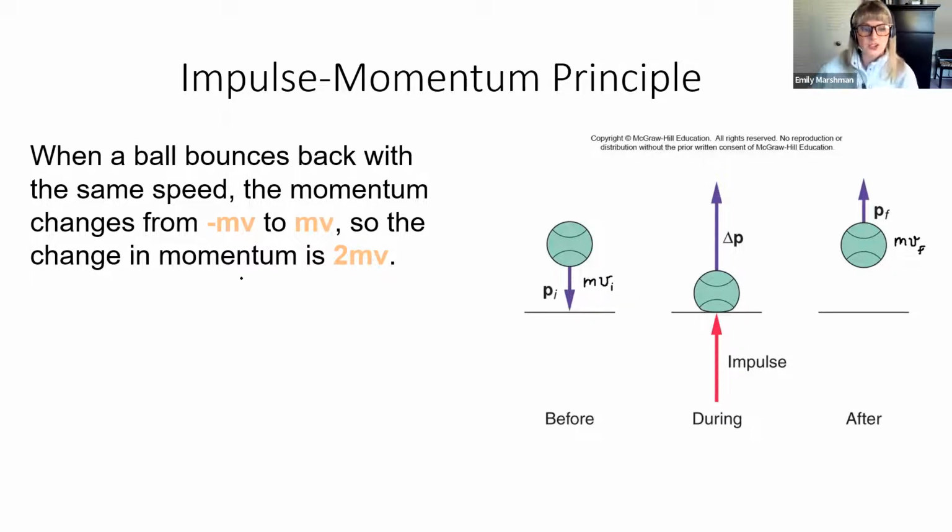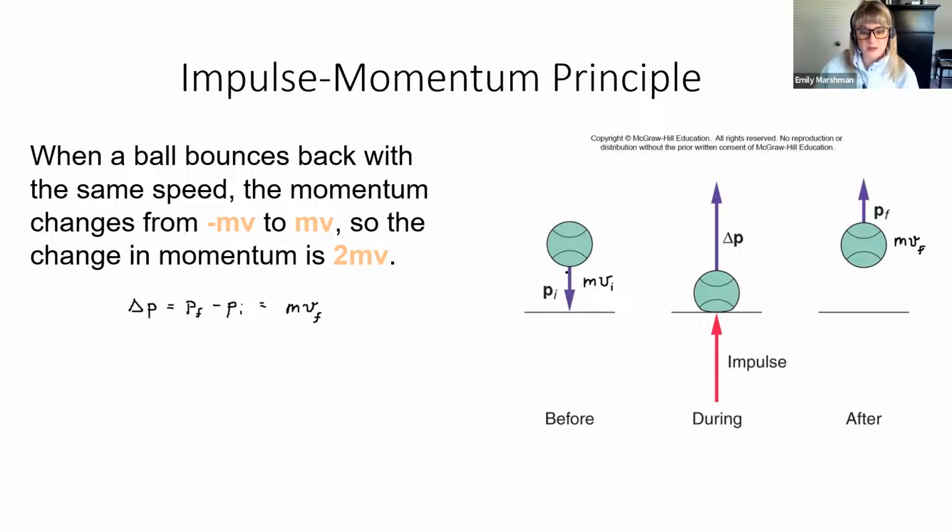And so if I wanted to determine the change in the tennis ball's momentum here, it's the final momentum minus the initial momentum. The final momentum is m times the final velocity, and it's pointing up. So we'll write that here.